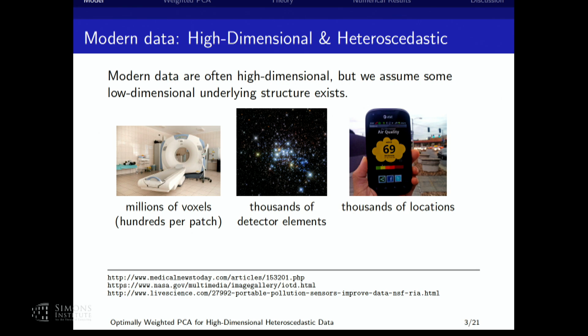Applications include medical imaging, where we take images with many voxels of the interior of a person's body, or astronomy, where we have very large detector systems trying to sample the sky, and environmental sensor networks, where we may have many, many sensors spread out through a space trying to understand some environmental phenomena.